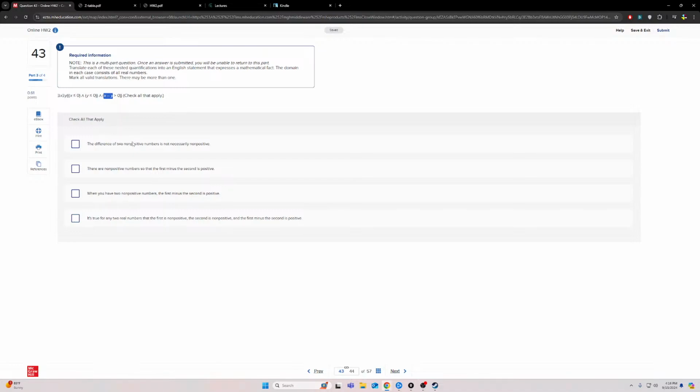Difference of two not necessarily non-positive. Yeah, difference of two non-positives is not always. That's not exactly what it's saying, though, because this could be saying that it's all true.